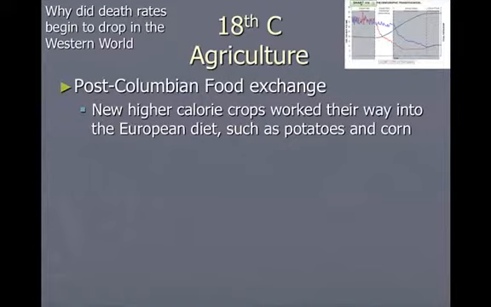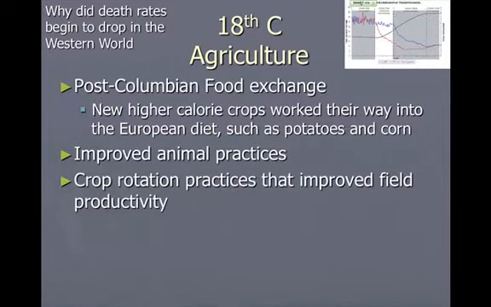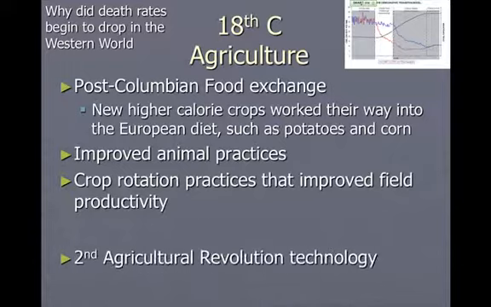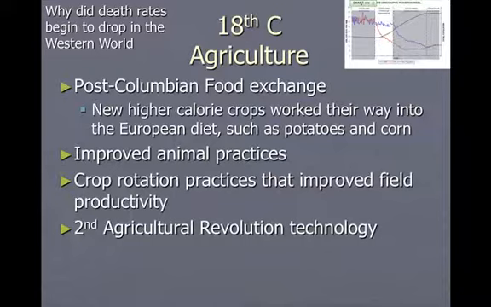If we look at the 17th century, it was a period post-Columbian food exchange. And we started to see more high-calorie foods, hearty foods that you didn't have to constantly be looking for, and things that could also be stored in surplus. They understood agriculture to the point of being able to rotate crops, protecting the value and the nutrients in the soil, and better use of breeding tactics for livestock.